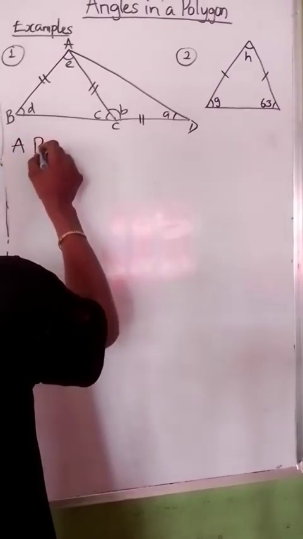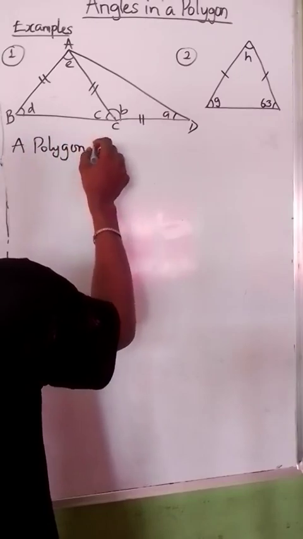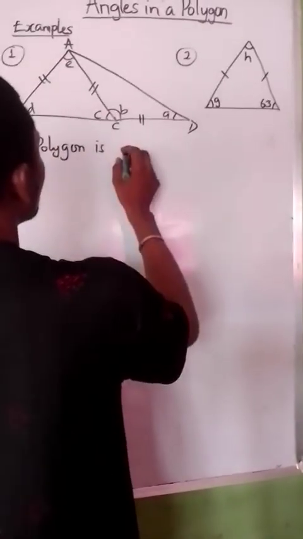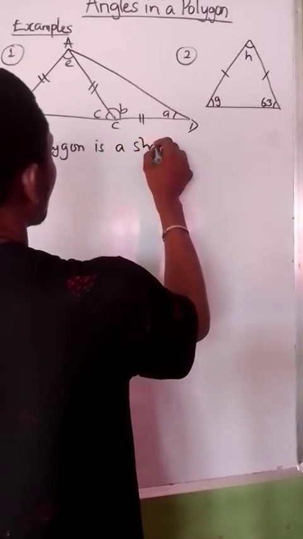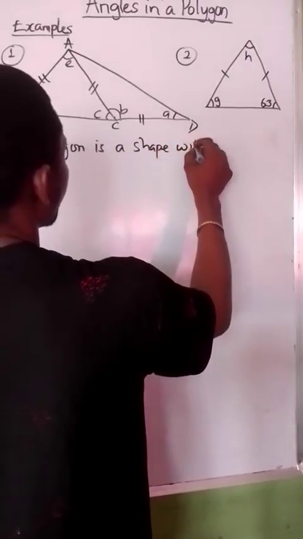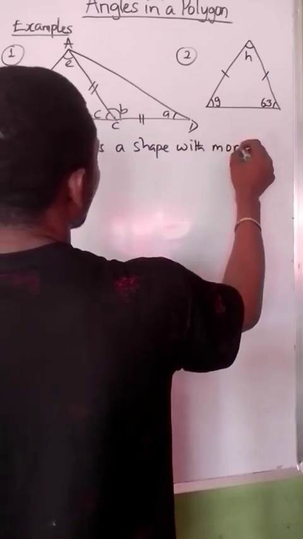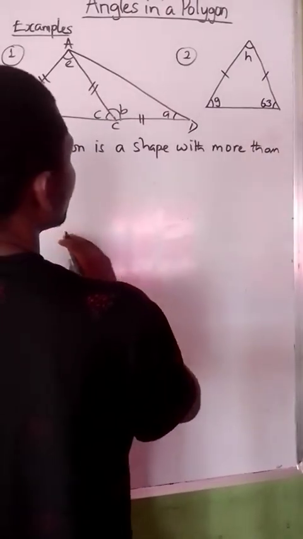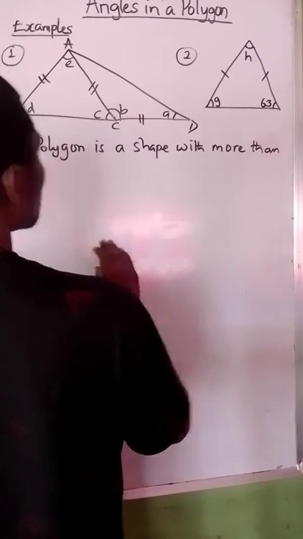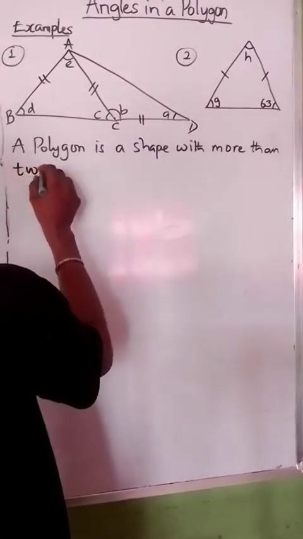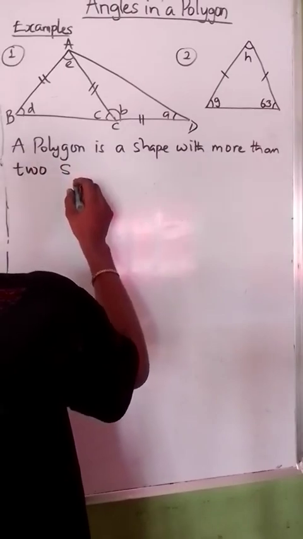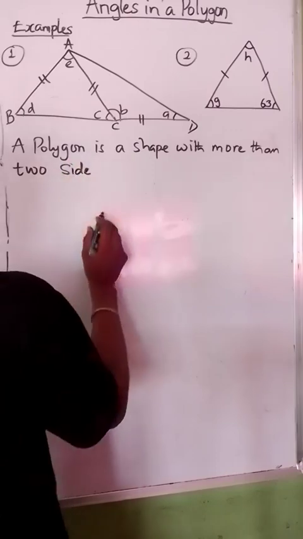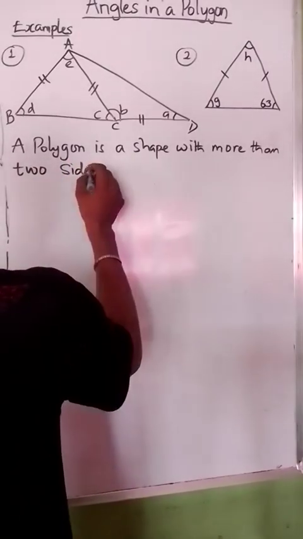A polygon is a shape with more than two sides.